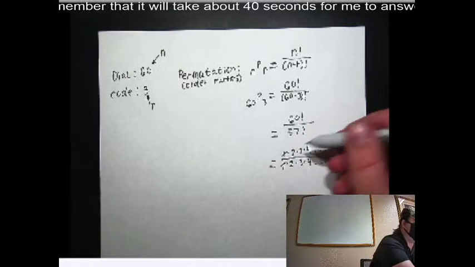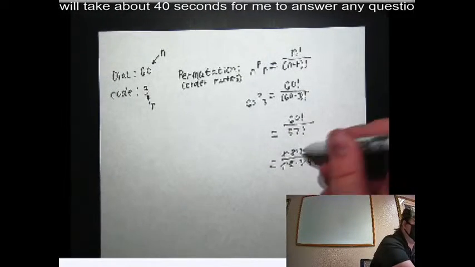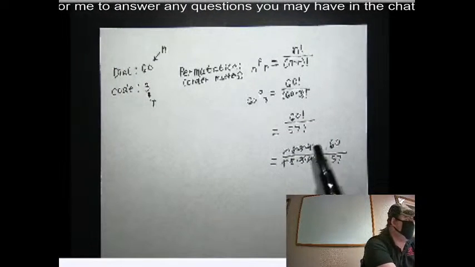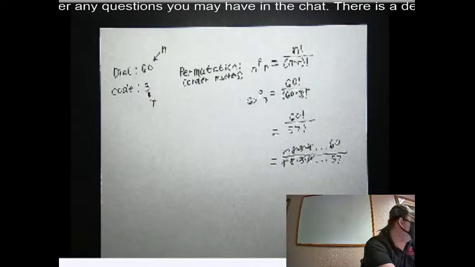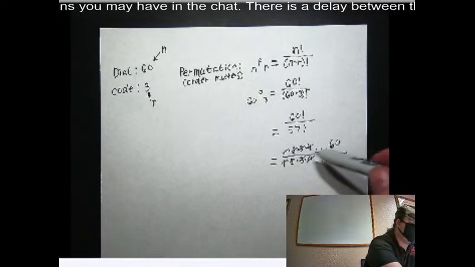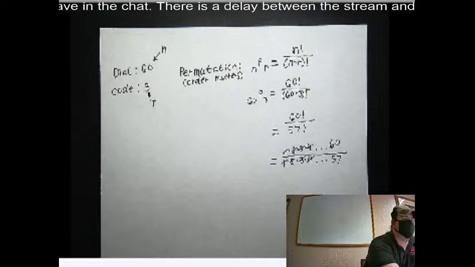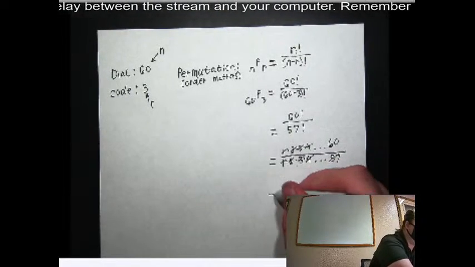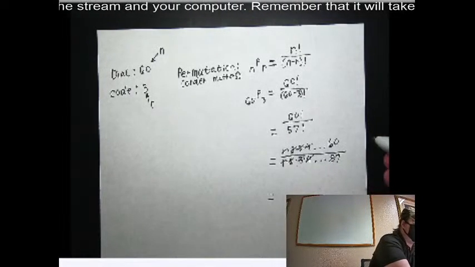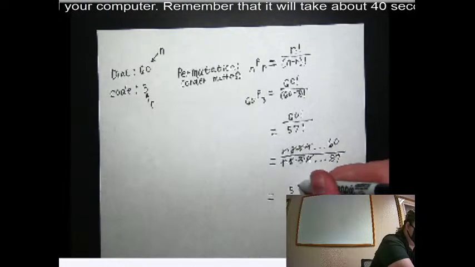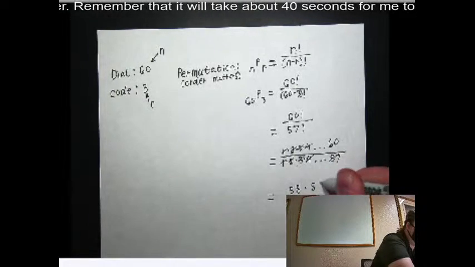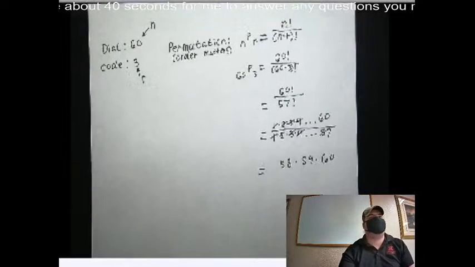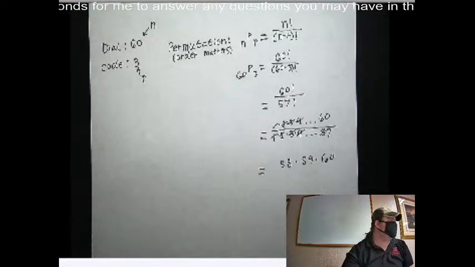We have 1 divided by 1, it's 1. 2 divided by 2, it's still 1. All of these are canceling. In fact, any numbers that are the same between the top and bottom will cancel. So this is going to cancel all of these numbers all the way up to 57. So even 57 is going to get canceled, meaning there's only a few numbers left on the top. And those numbers are 58, 59, and 60. So actually, we only have to multiply those three numbers to get our answer.